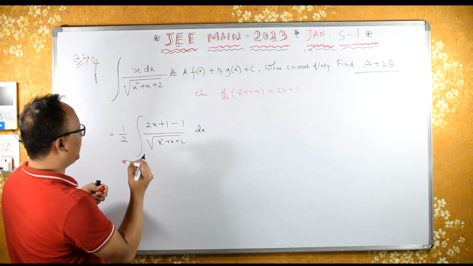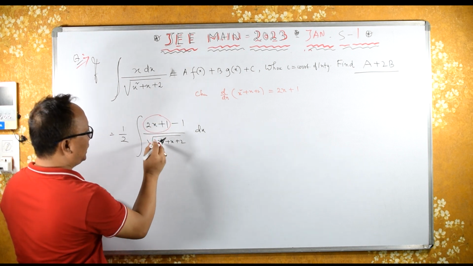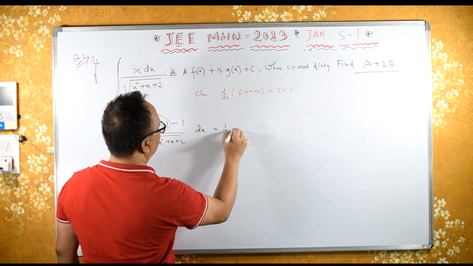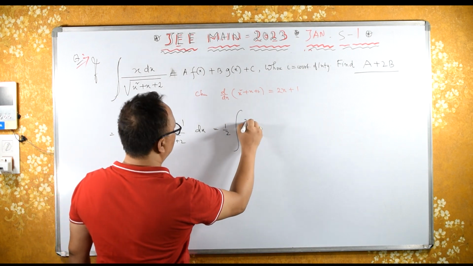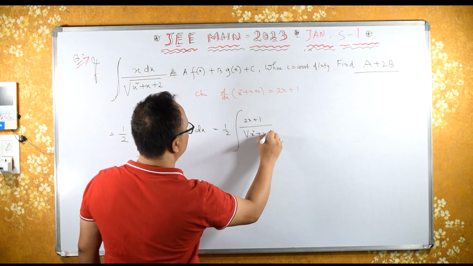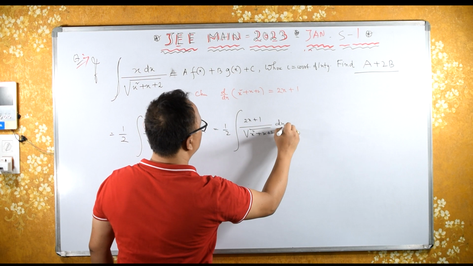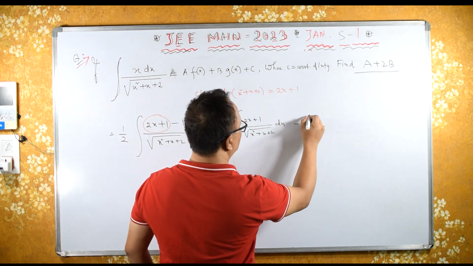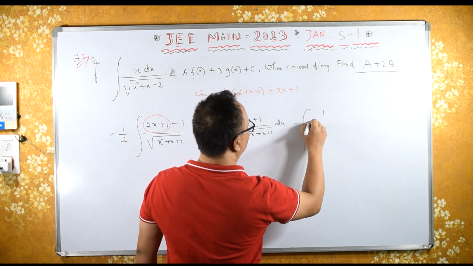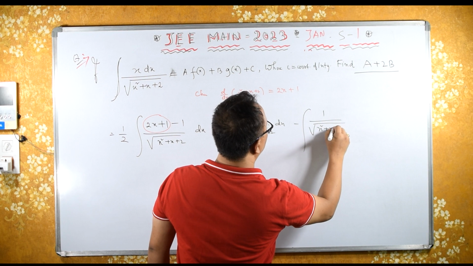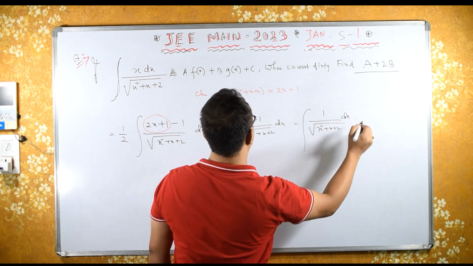Therefore, let's separate this upon this and this upon this. This is equal to half integral of twice x plus 1 upon square root of x square plus x plus 2 dx, and then minus integral of 1 upon square root of x square plus x plus 2 dx.